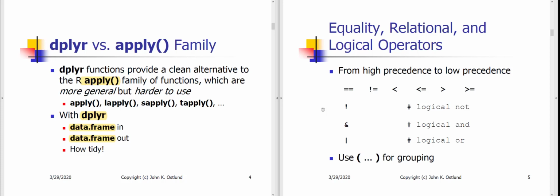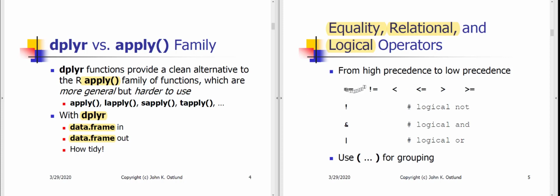In order to be able to do selections of rows and columns, we need to know about equality, relational, and logical operators. Here is a table of those, ranked from high precedence on this topmost line down to lower precedence.